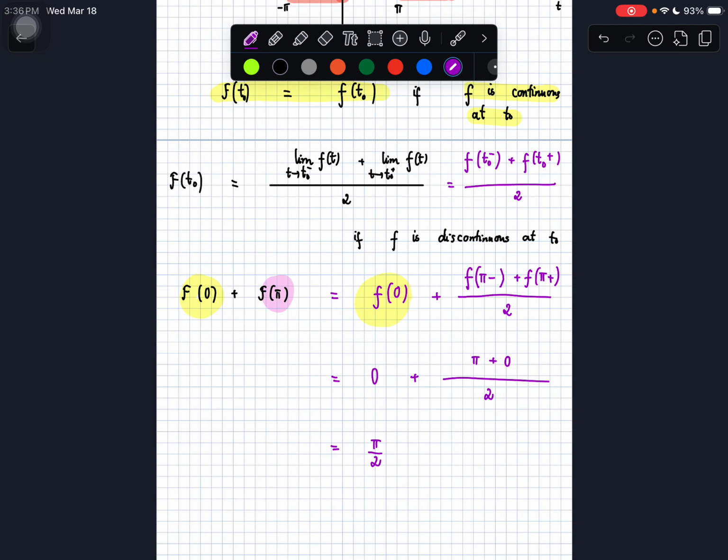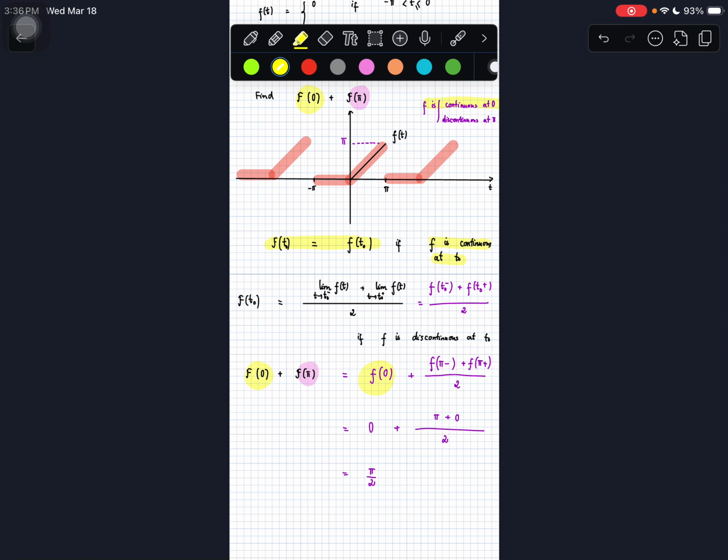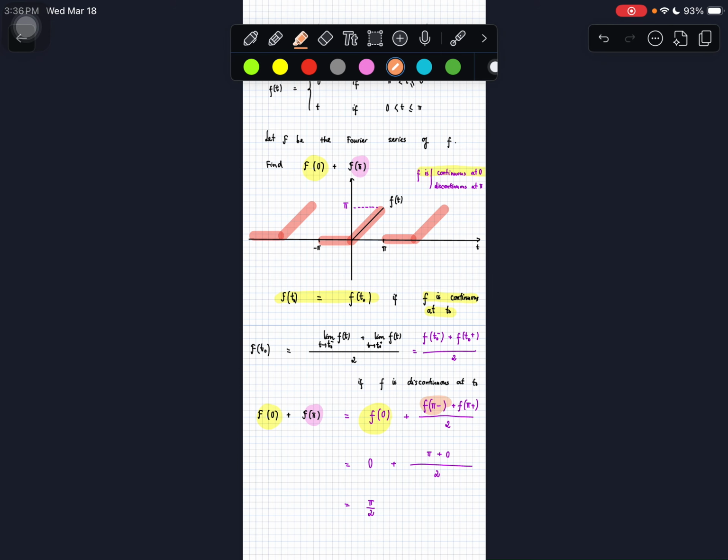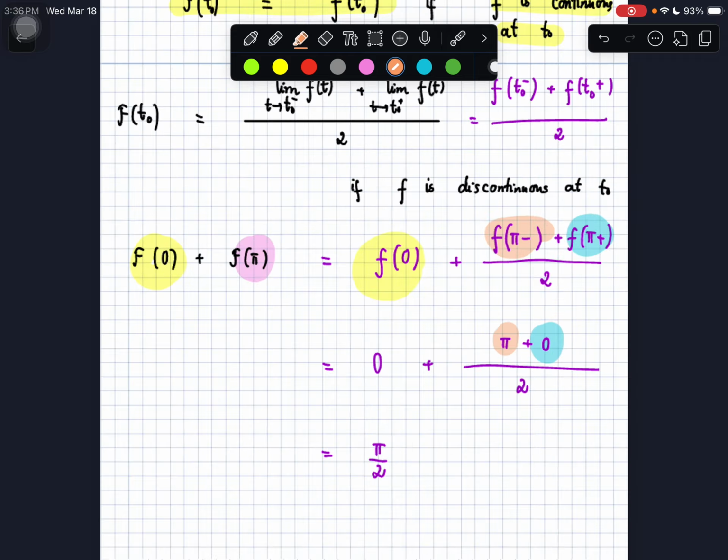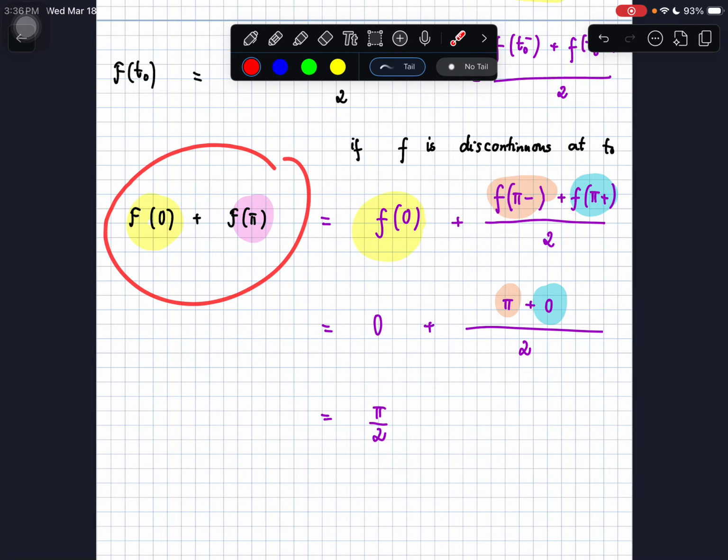That is the answer for this question. The left-hand limit as t tends to pi from the left equals pi, the right-hand limit as t tends to pi from the right equals 0, and that is why we have pi over 2.